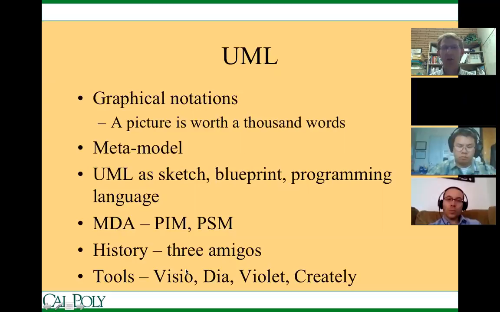So I mentioned here the three amigos. Back in the 80s, when object-oriented programming was first becoming popular, and definitely in the 90s this was the case, there were a variety of different ways of drawing and designing object-oriented systems.